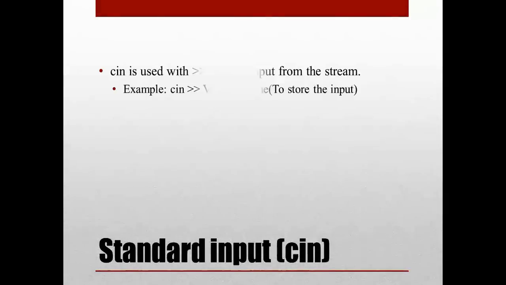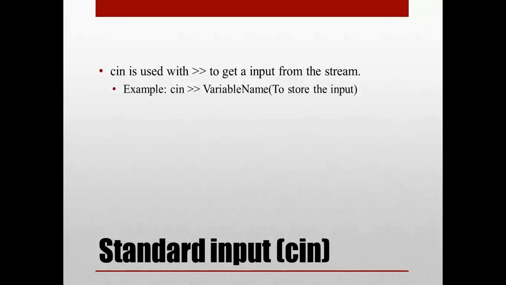Now we'll talk about getting the inputs from the user so that you can manipulate your calculations in the program depending upon what the user gives you. So cin is used to get user input normally. cin is used with two greater than signs.